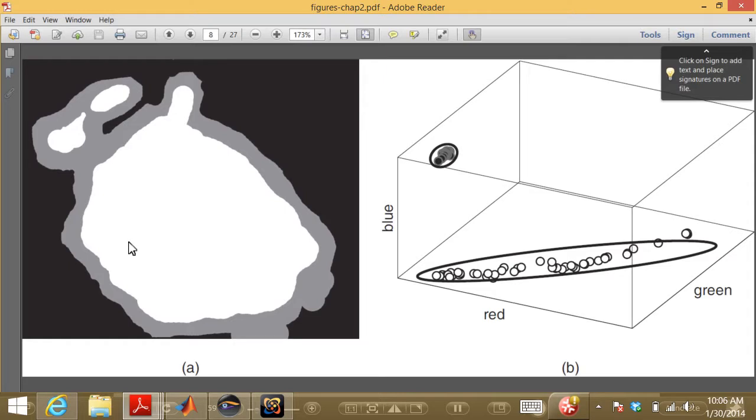We had a very small blue background cluster, and then this foreground cluster. The observation is that the foreground cluster, in this case, looks like a long, skinny ellipse.